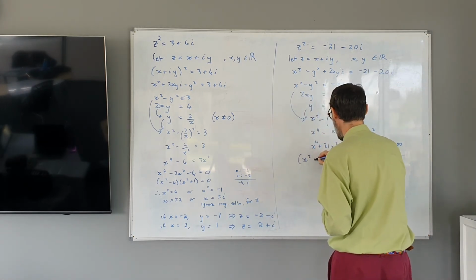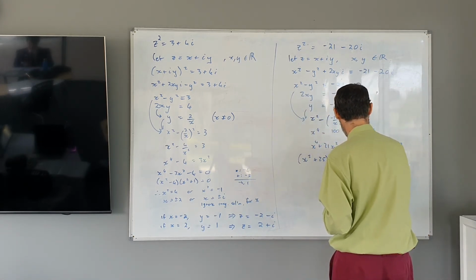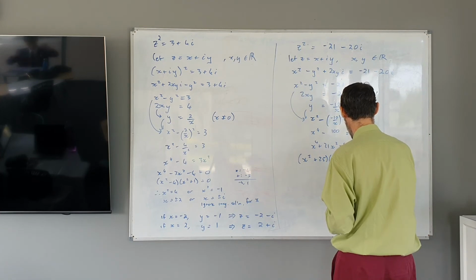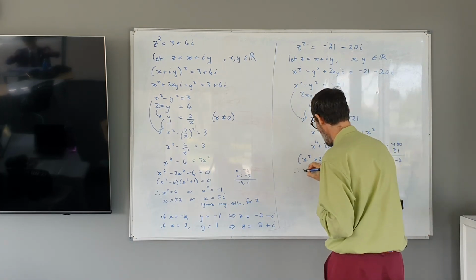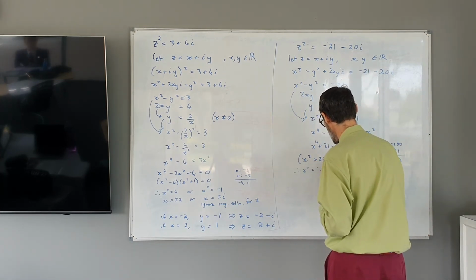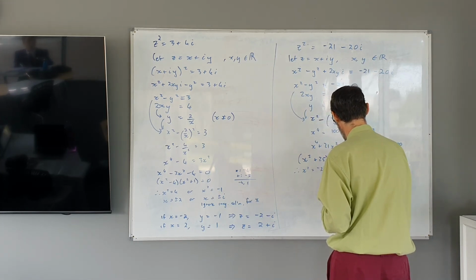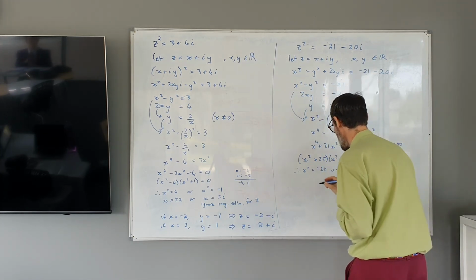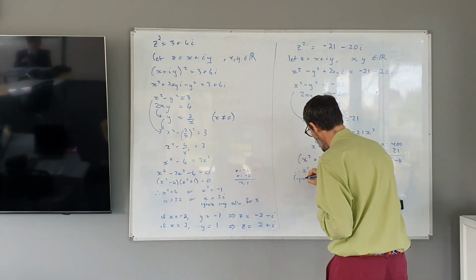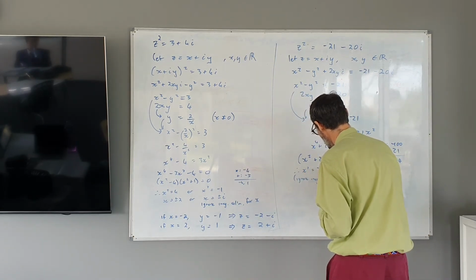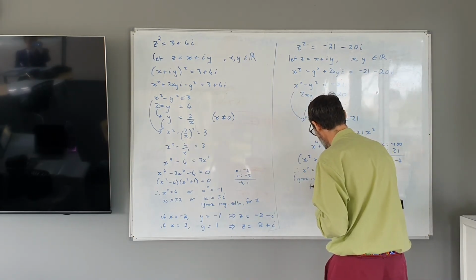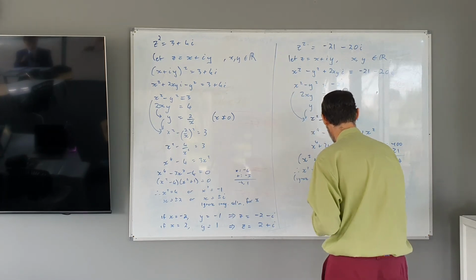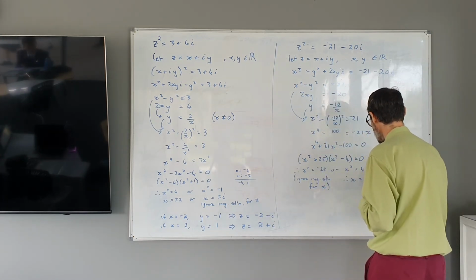X squared plus 25, x squared minus 4 equals 0. Ignore the imaginary solution for x. X is plus or minus 2.